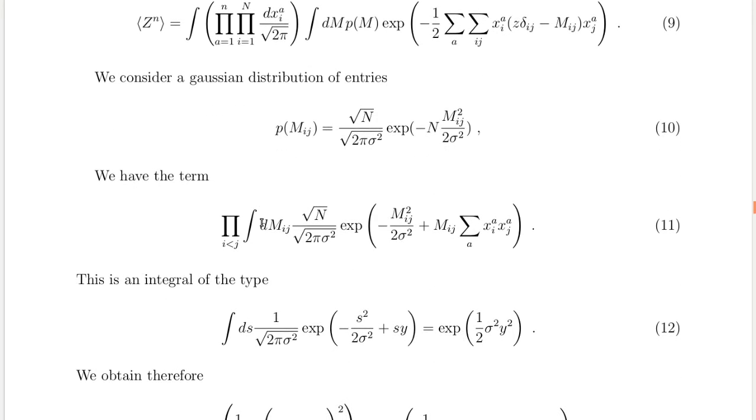Otherwise, with a different choice, we would have a sort of trivial limit when taking the limit of capital N going to infinity.